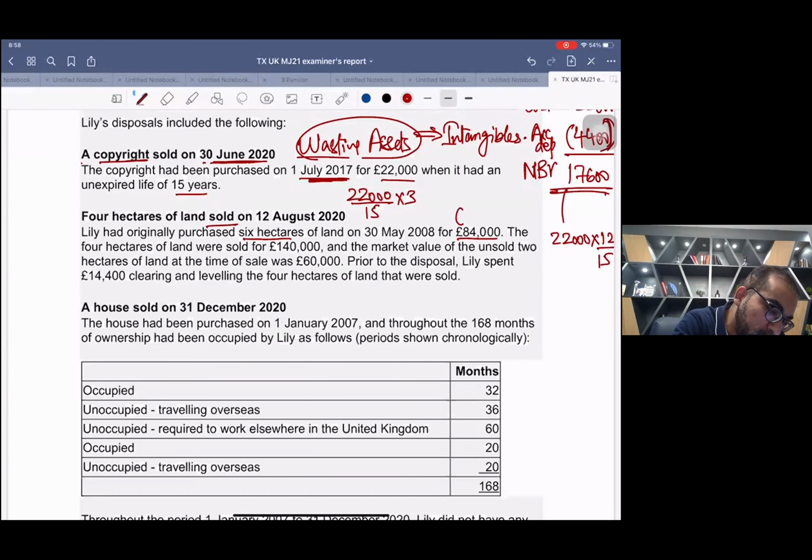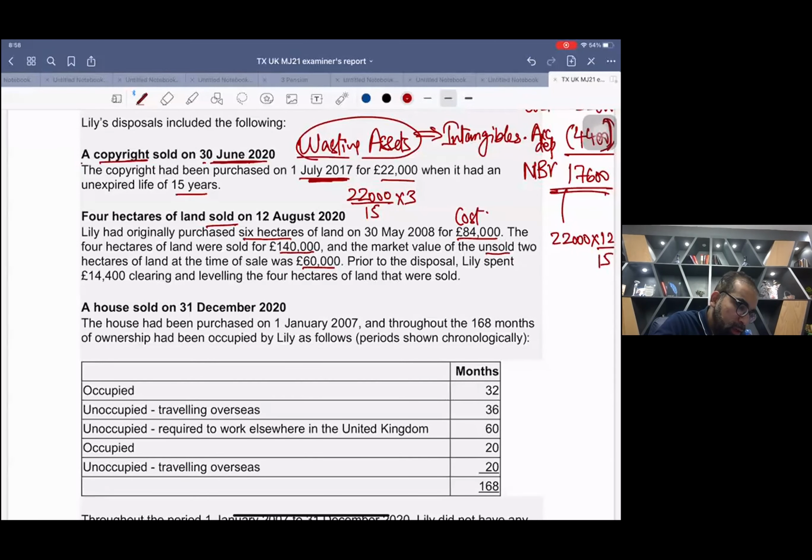This is your original cost, of the complete 6 hectares. The 4 hectares of land were sold for 140,000. And the market value of the remainder is 60,000.